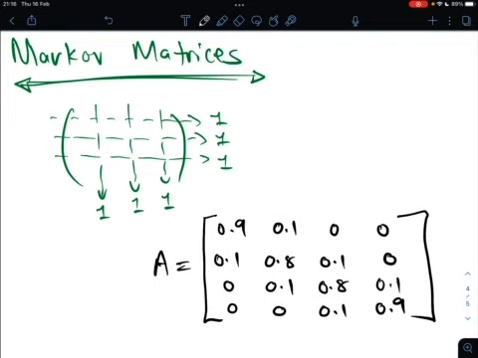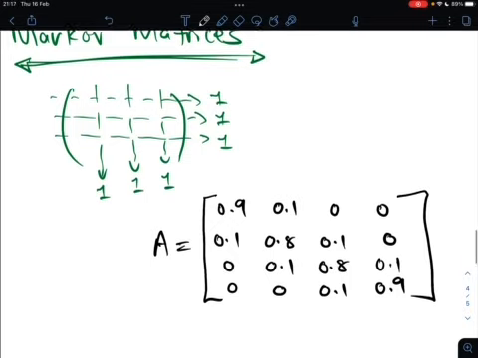This implies that the entries of a Markov matrix might be connected in some way to probabilities. But that's the subject of another day. So today, let's look at exactly what problem we want to solve in connection with this.